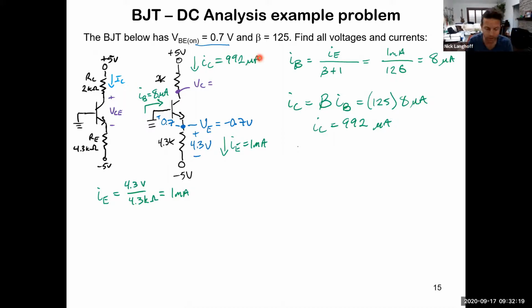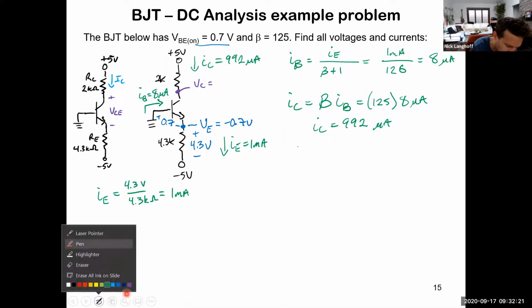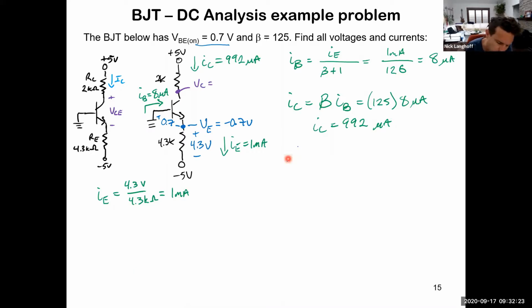And now if we want to find the voltage at the collector, which we've been writing our voltages in purple, by Ohm's law, we know that this is 5 volts here, and we're going to have a drop across the 2 kilo ohm resistor, which is equal to 2 kilo ohms times that collector current.